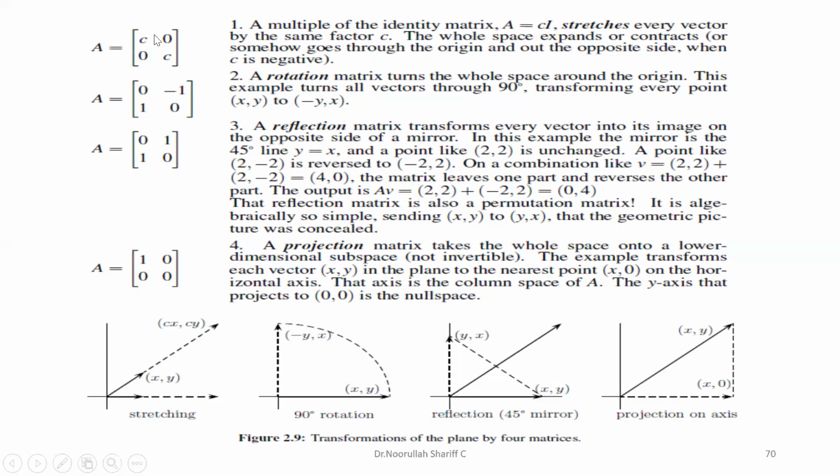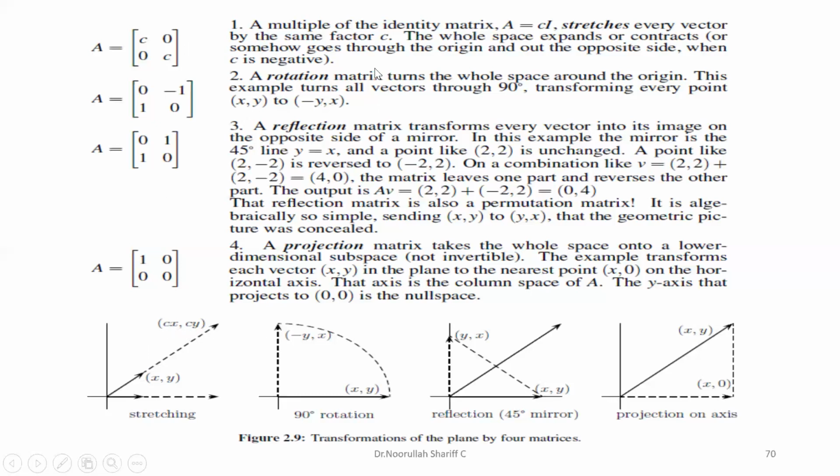So C into x plus 0 into y gives Cx, and 0 into x plus C into y gives Cy. So Cx, Cy becomes the new column matrix, and we are just multiplying each of the terms x and y with C. That is what is mentioned here: xy is transformed into Cx, Cy.